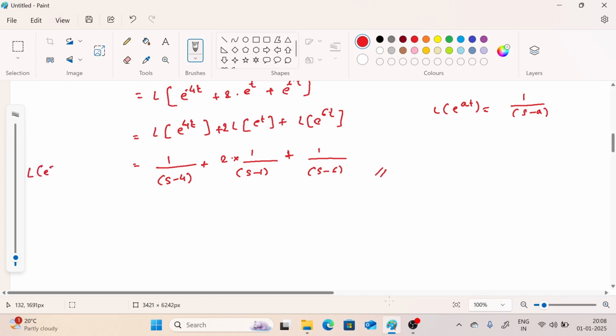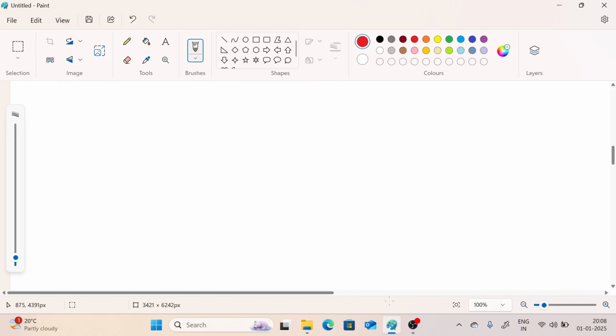Laplace of e raised to t plus 2 e raised to 3t square. This is the answer. Now third, we'll take 4t cube plus t raised to 7 plus t raised to 4 by 3.